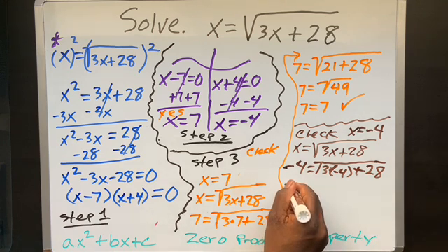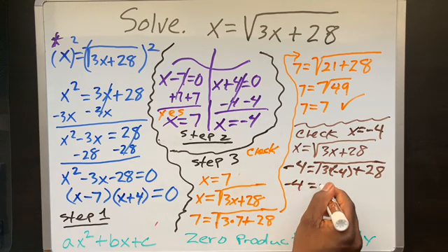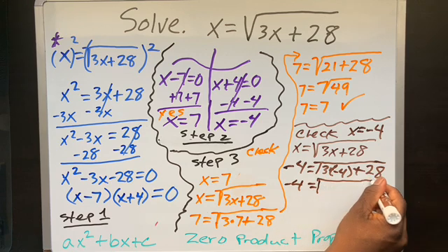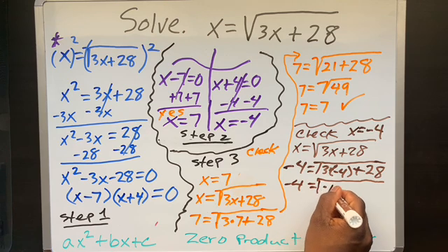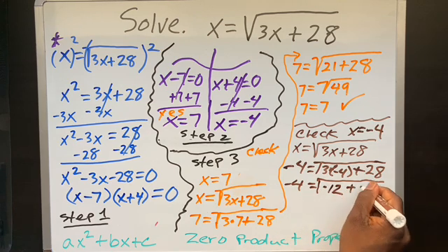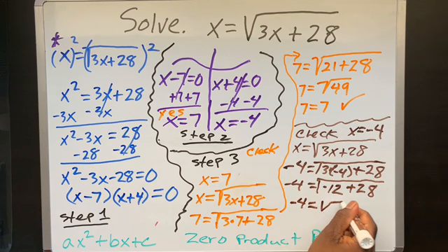So bringing down the -4 equals square root of 3 times -4. It's going to give us -12 plus 28. All right, so we're going to simplify what's under the radical symbol, bringing down the -4 equals square root of 28 plus -12.